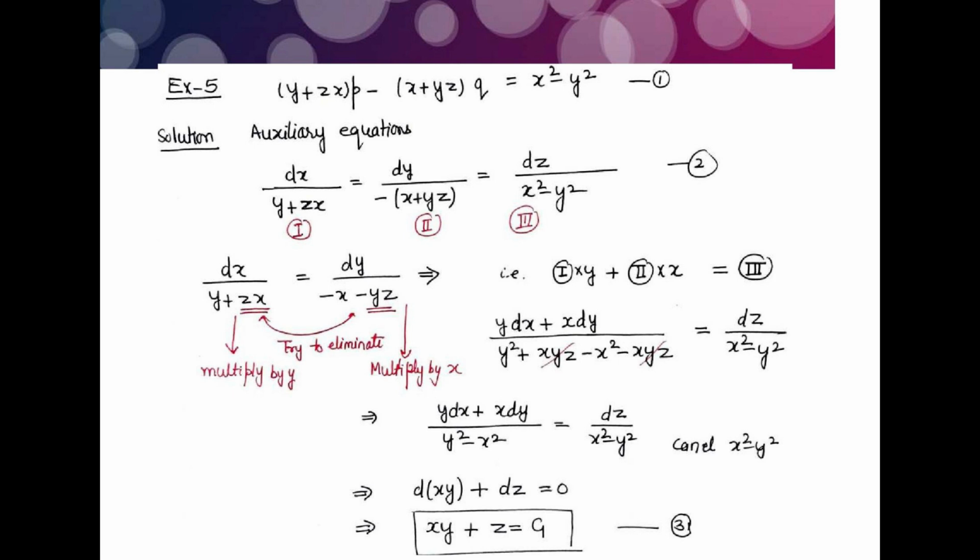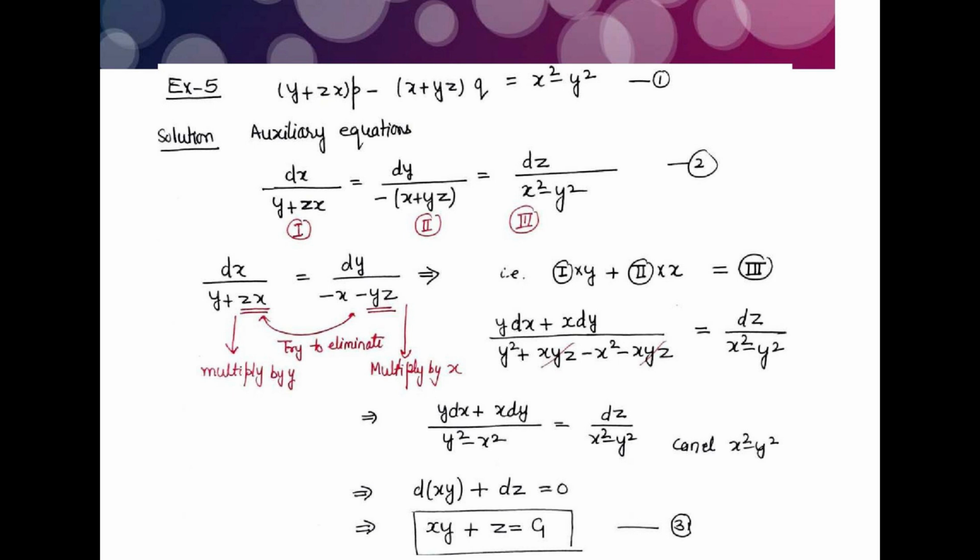Multiply first ratio by y, second ratio by x, and add them. Whatever we get, we equate that with the third ratio. So finally we have y dx plus x dy, and in the denominator we have y square minus x square, and this xyz term will cancel out.